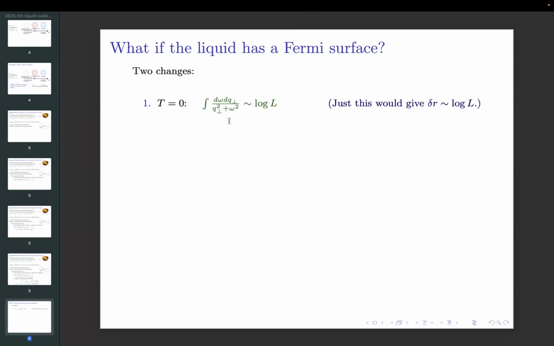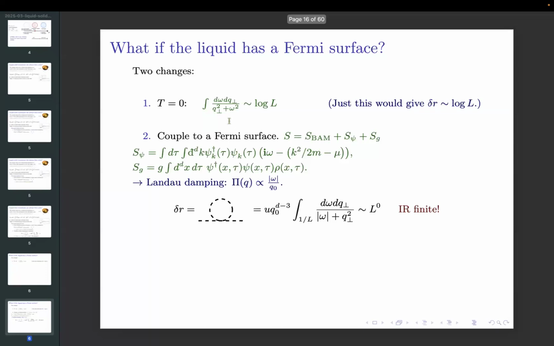I'm going to change the problem in two ways. First, I'm going to ask about zero temperature. Right, so at zero temperature, we get two integrals. We also integrate over omega, and now it's only a log divergence. Assuming that it's omega squared, but not lambda without mod omega. Exactly. Okay, so you also anticipate the next point, which is what happens if we also couple to a Fermi surface. Great. So as you can see, if we couple to a Fermi surface, the boson is Landau damped.